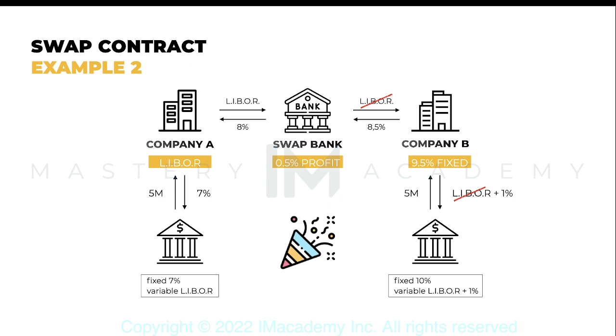So company B is paying 9.5% fixed, and 9.5% is less than 10% fixed. Now company B has saved itself half of a percent, and you might think that's not that much, but again, on 5 million over, let's say, 10 years, that's worth having.